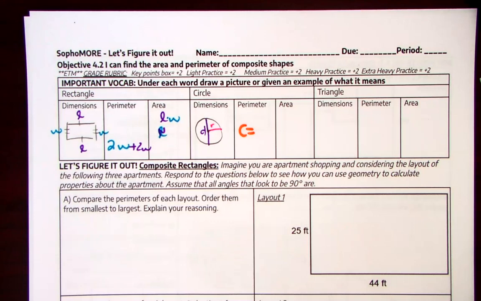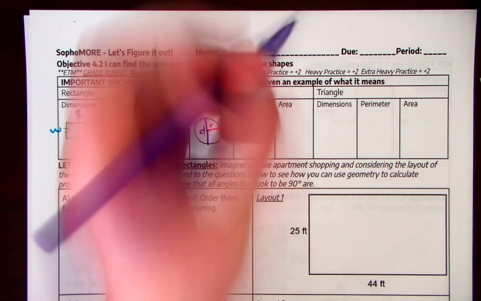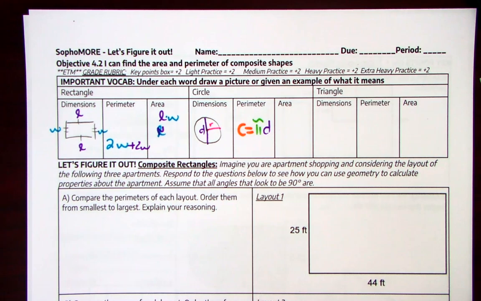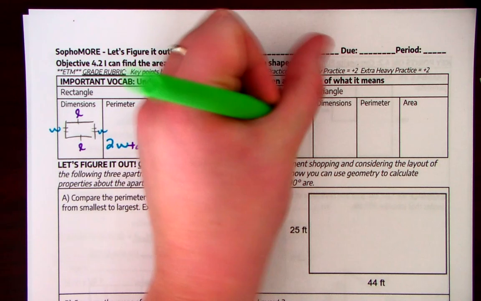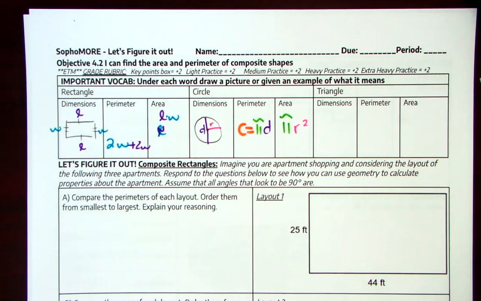Circumference is pi times diameter. We just multiply those. And the area, the formula for that, area is equal to pi r squared. So pi, and then taking our radius, whatever that is, and squaring it.